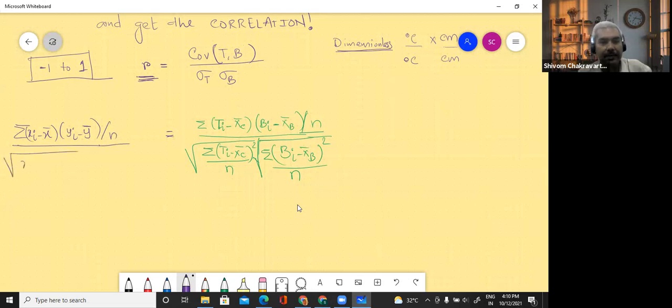Square root of the summation of xi minus x bar whole square by n, and yi minus y bar square of that differences. This is clear. This step is clear.